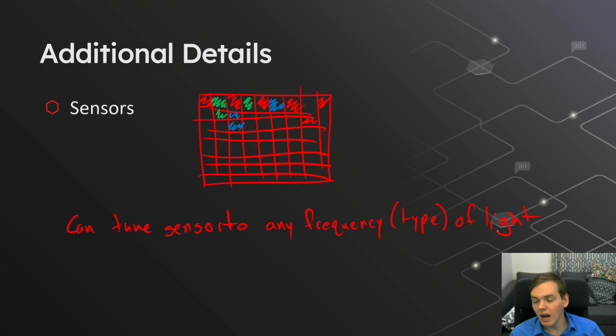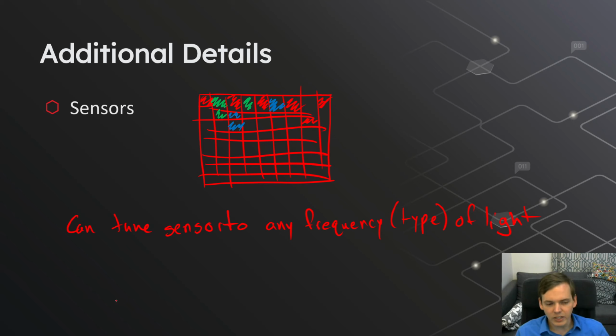So it's not limited like our eyes are to primarily red, green, and blue. We can have it do infrared, we can have it do microwave, we can have it do ultraviolet. And that's one benefit of designing a computer: we can see light that we wouldn't normally be able to. And then we can have that computer turn it into light that we can see, which we'll get into later.